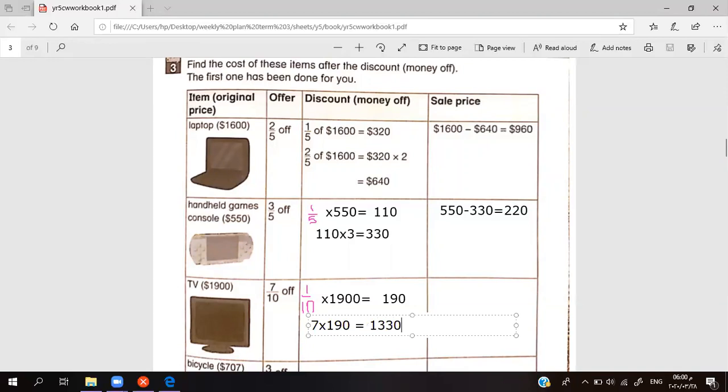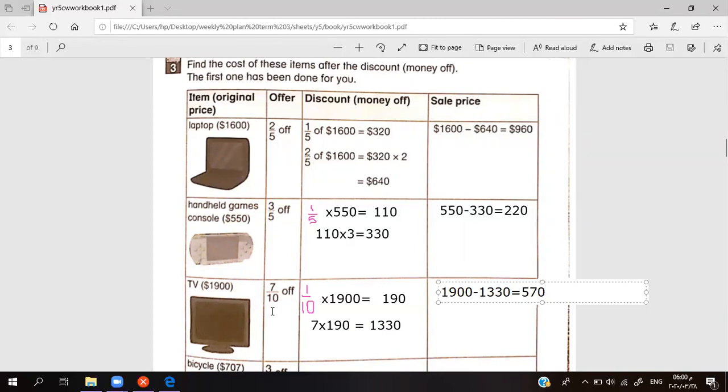Now this is the discount. 7/10 off gives me a discount of 1,330. Now let's see how much I will pay. The original price 1,900 minus the discount, which is 7/10 of the price. So my final answer is going to be 570.